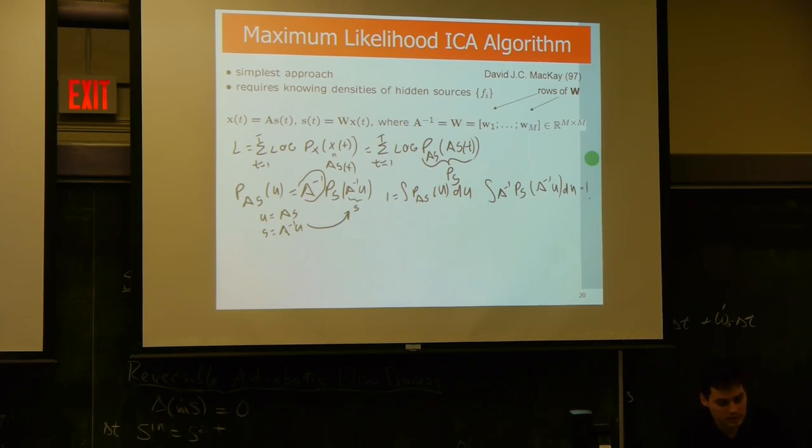So what happens here is that I just substitute this with, say, Z. So A inverse U is Z. From that, du is A times dz.